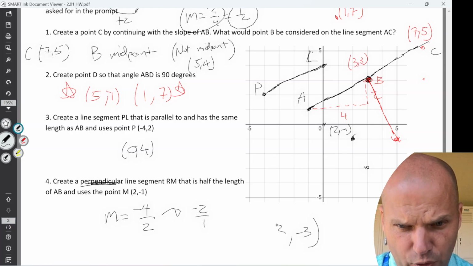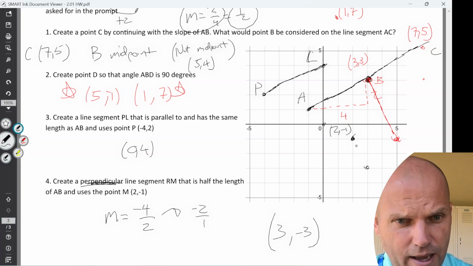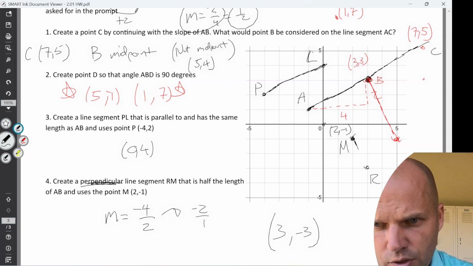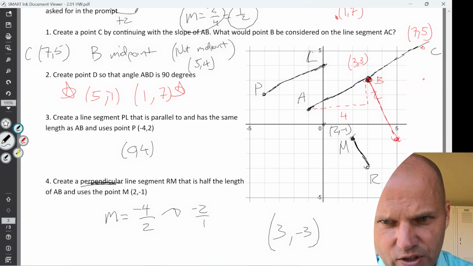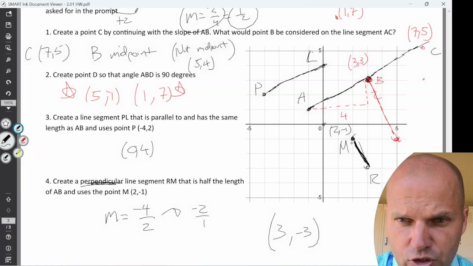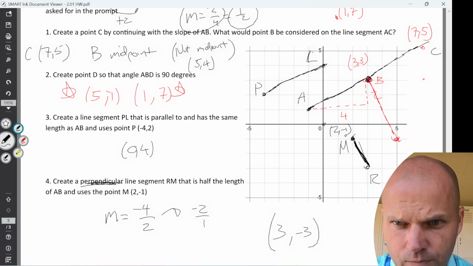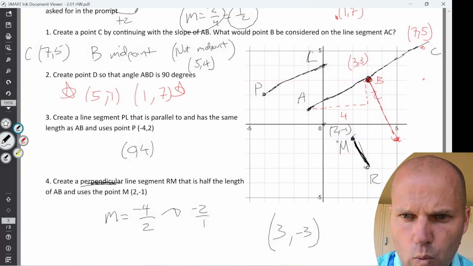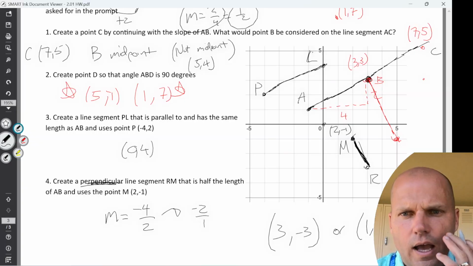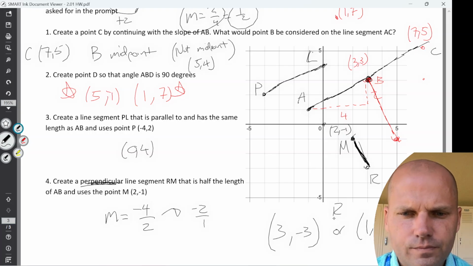I arrive at the point 3, -3, and this would be the location of point R. This would be half the length of AB and perpendicular to AB. You could have also gone the opposite direction of left 1, up 2. So we would have gotten to 1, 1 as another location of R.